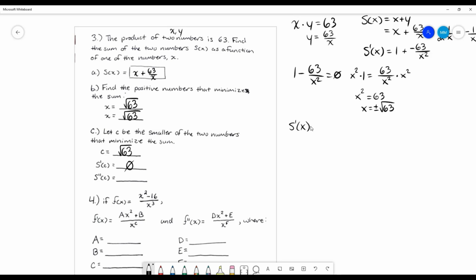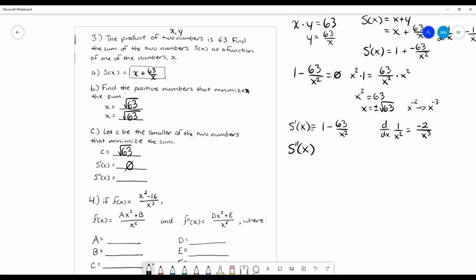So remember our derivative was this. So now I have to take the derivative again. Well, I know my 1 is going to disappear, and the derivative of negative 1 over x squared, or I guess just 1 over x squared, really, it doesn't really matter though, is going to be those power rules. So that's an x to the negative 2. So I'm going to bring my negative 2 out, negative 2 over, and then I'm subtracting from that exponent, so it becomes a negative 3.